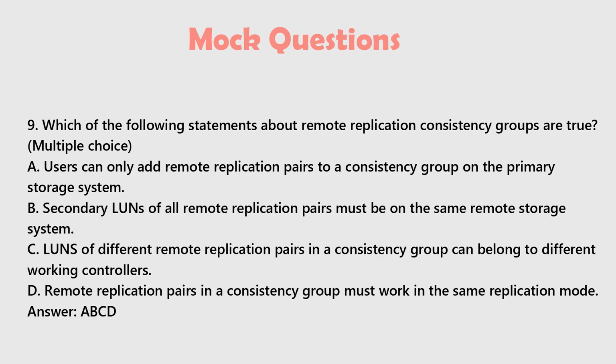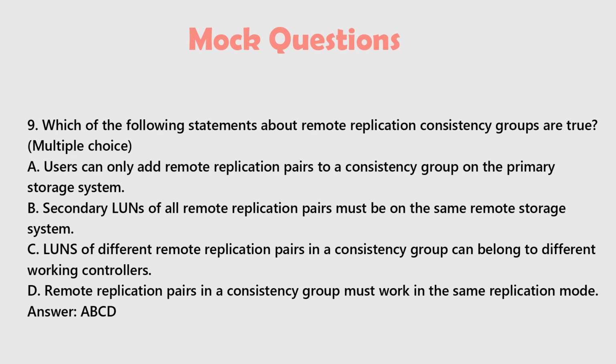9. Which of the following statements about remote replication consistency groups are true? Multiple choice. A. Users can only add remote replication pairs to a consistency group on the primary storage system. B. Secondary LUNs of all remote replication pairs must be on the same remote storage system.